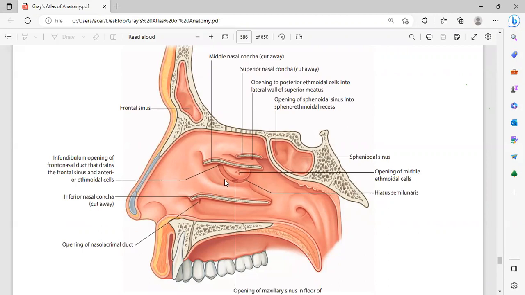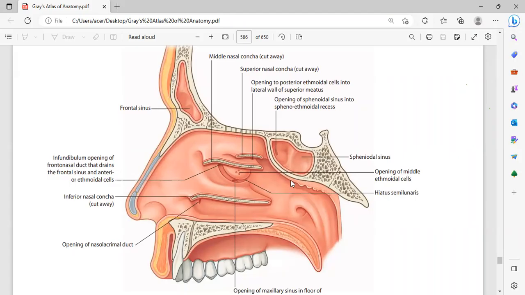Along with that, you have a few subepithelial mucus and serous secreting glands, right? When we talk about the nasal cavity's functions, we say three things other than the function of smell. We say that it traps particles, it moistens the inspired air, and warms the inspired air. So these mucus and serous glands are involved in that.